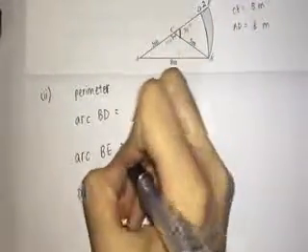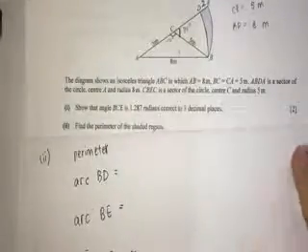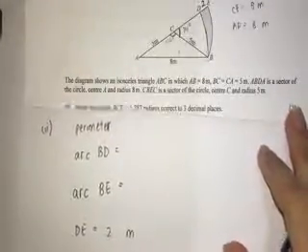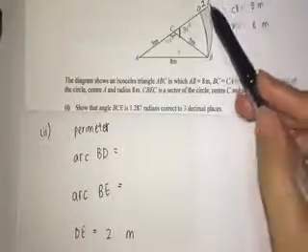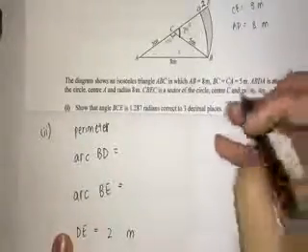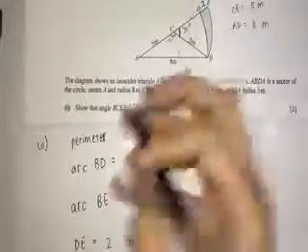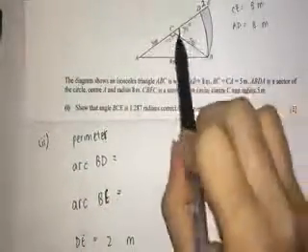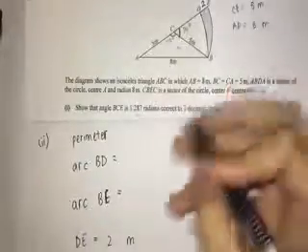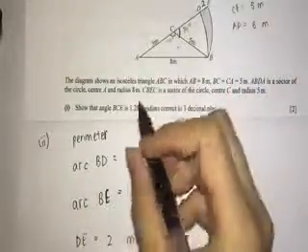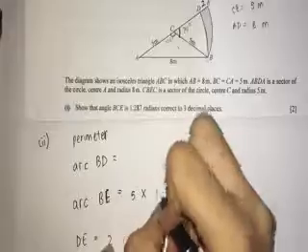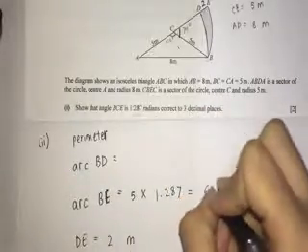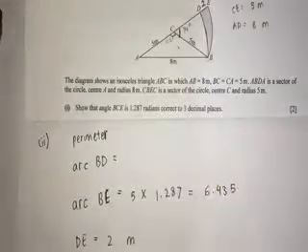Now to find this, for arc BE, we take this 5 and multiply it by the radian that we just found, 1.287, and that gives us 6.435.